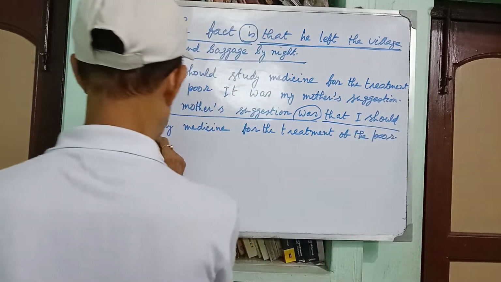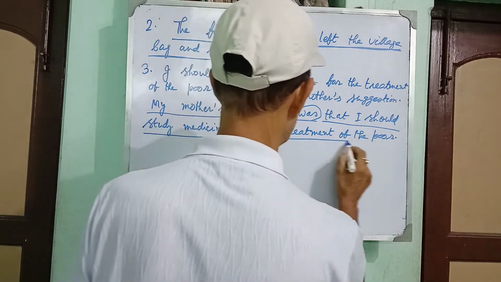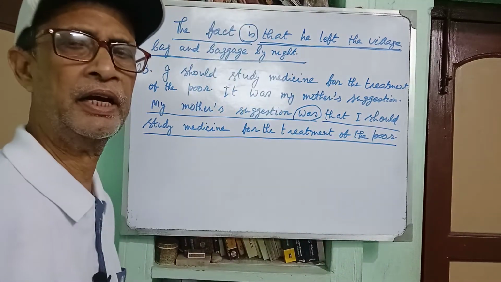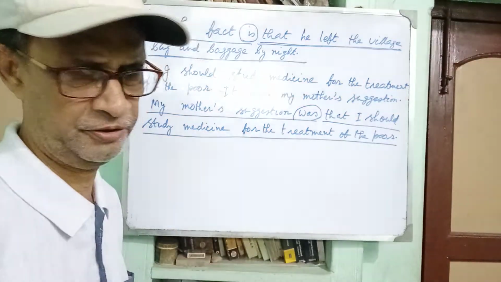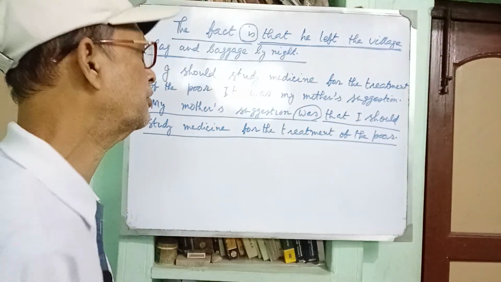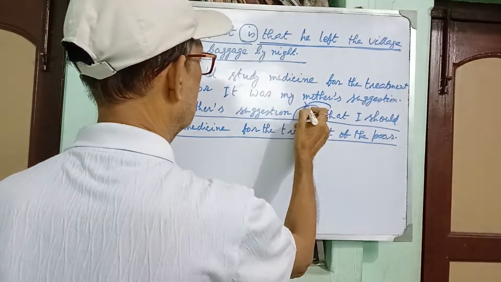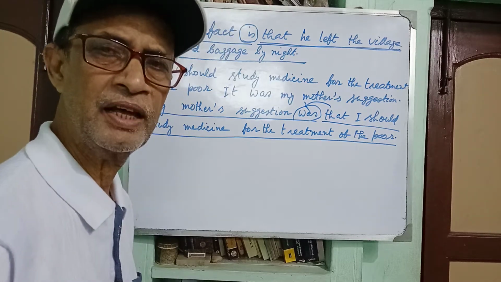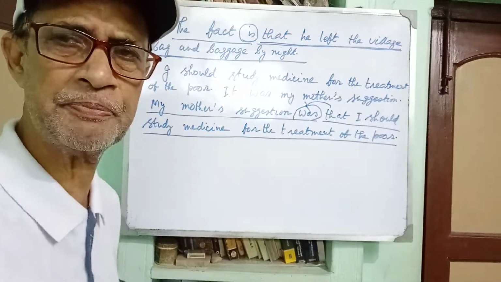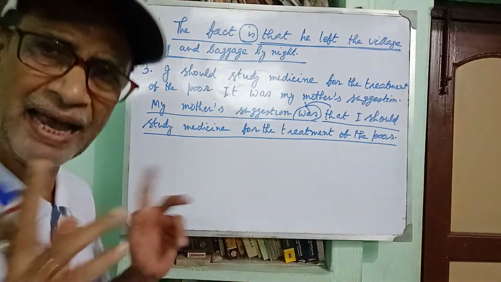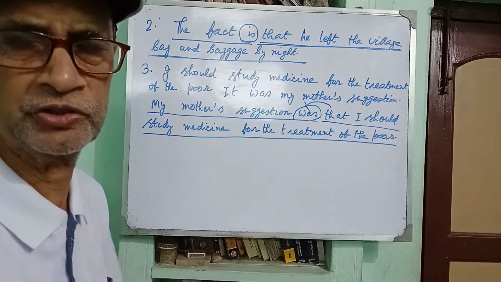That I should study medicine for the treatment of the poor is a noun clause and complement to the verb was, because the meaning of was is being completed by a clause, that is noun clause.